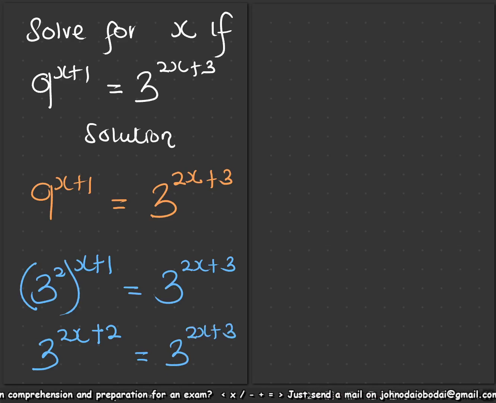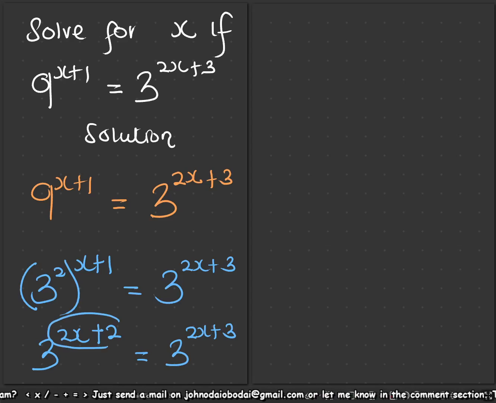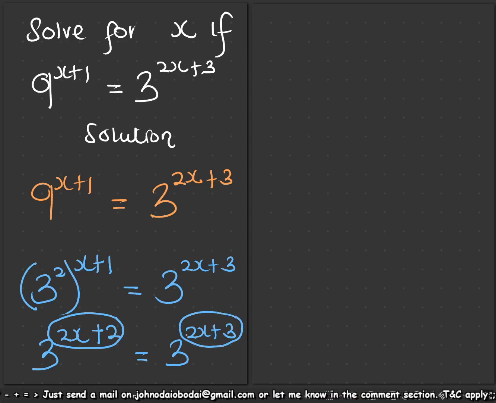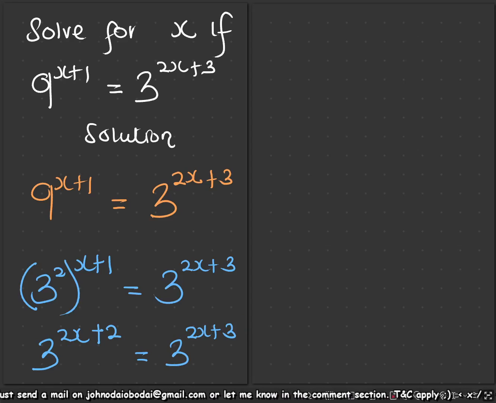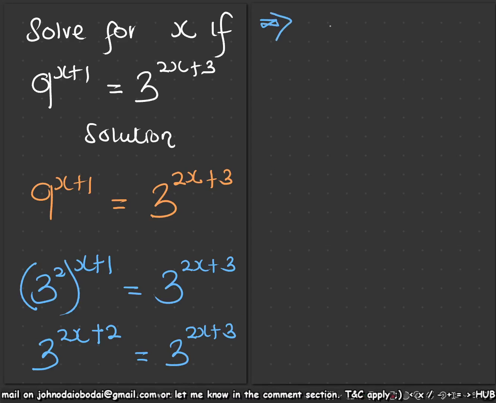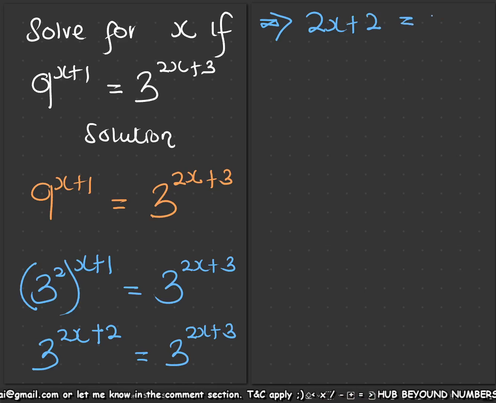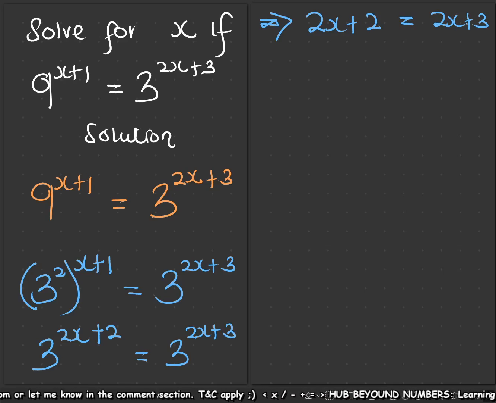Now, you realize that the bases are the same, and hence the rest is your linear equation. So equating the exponents, since the bases are the same, it implies that 2x plus 2 is equal to 2x plus 3.